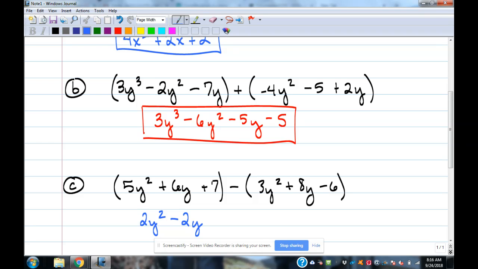It's the most common mistake in any math class from anytime you start dealing with positive and negative all the way through differential equations. So next, positive 7 minus negative 6. Double negative, 13. We subtracted two polynomials. Easy stuff.